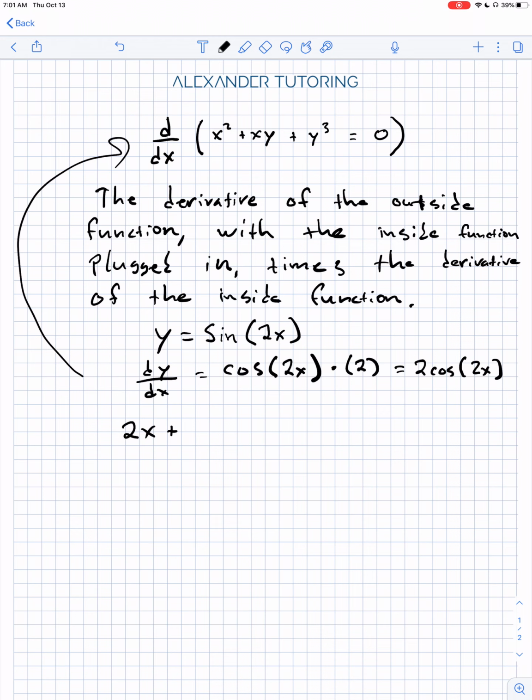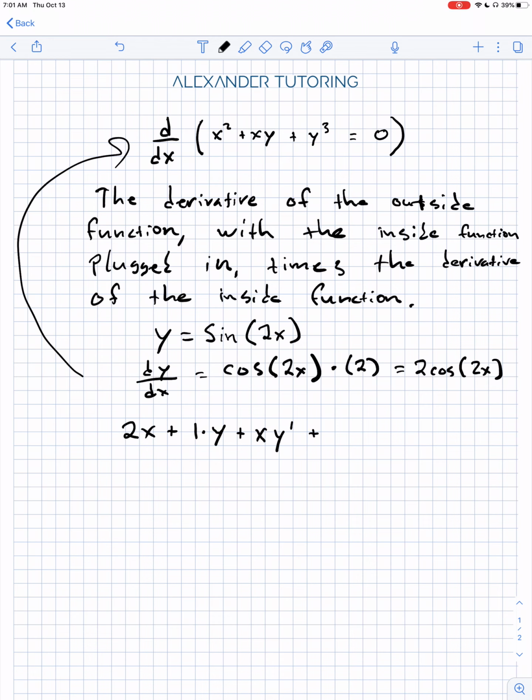You take the derivative of the first function, so the derivative of x with respect to x is simply 1, times the second function as is, so we just leave it alone, plus the first function, in this case x, left alone, times the derivative of the second function. We don't know what the function y is, so we're just going to call its derivative y prime. That's what prime is, just another way of saying derivative. We don't know what that is, so we'll call it y prime. Why not, right?